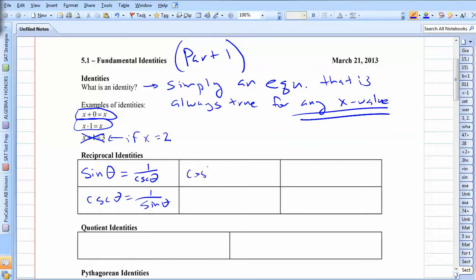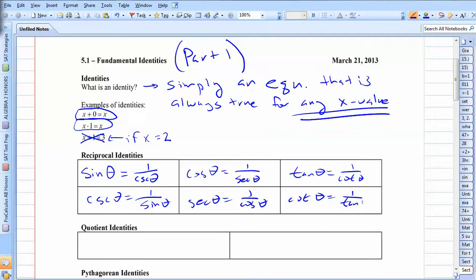Also, cosine theta equals 1 over secant theta, and of course we know secant theta equals 1 over cosine theta. And then tan theta equals 1 over cotangent theta, and cotangent theta equals 1 over tan theta. So those are called reciprocal identities. Those will always be true regardless of what value we plug in for theta.